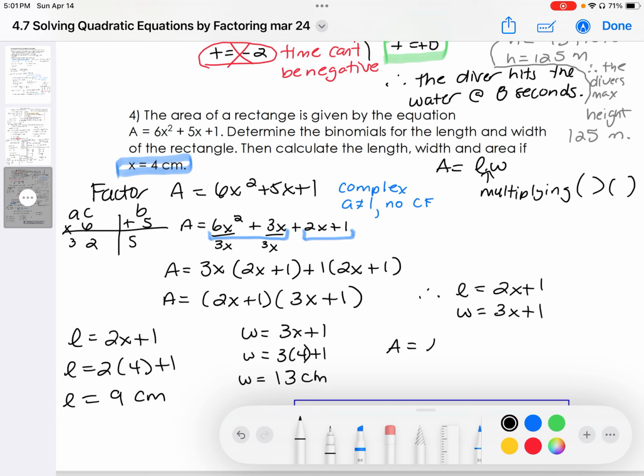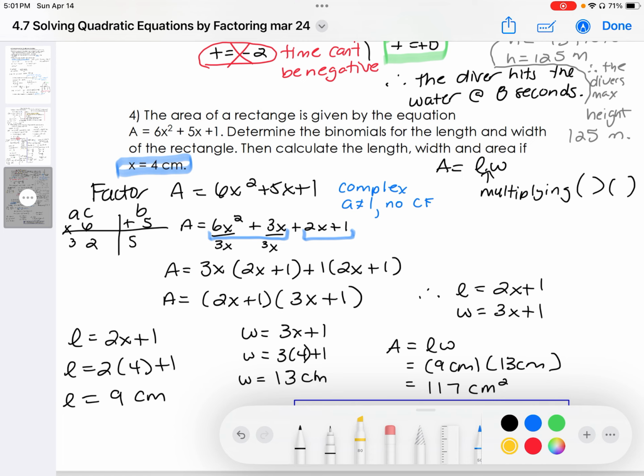So then area is length times width, 9 centimeters times 13 centimeters. So when you have a common base, you add the exponents, okay? So 9 times 13 is 117, and then centimeters squared.